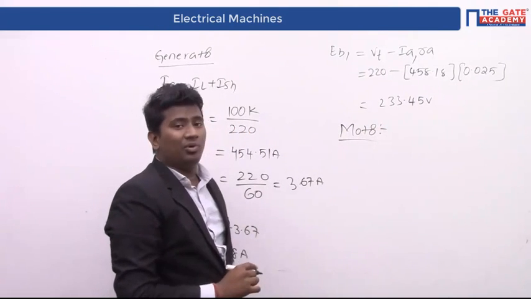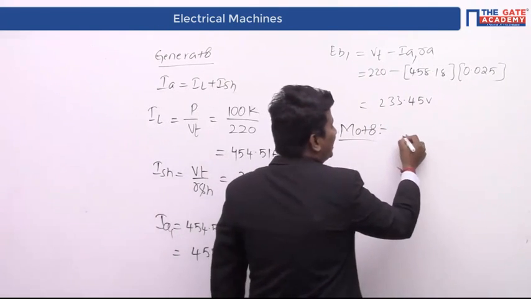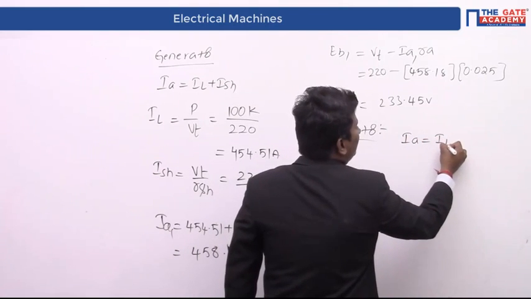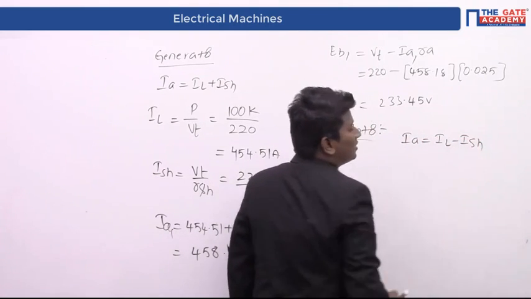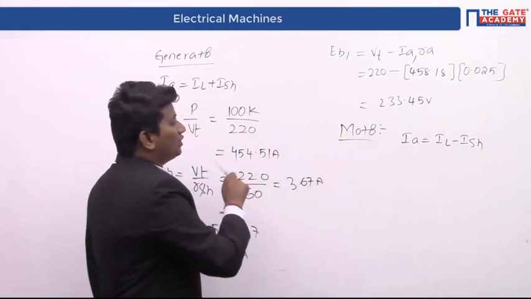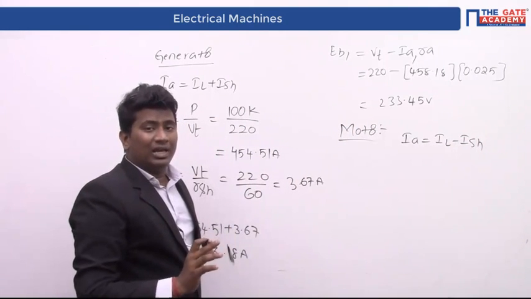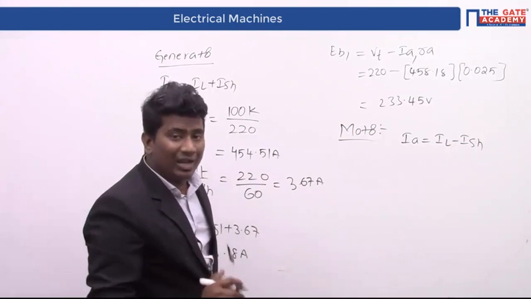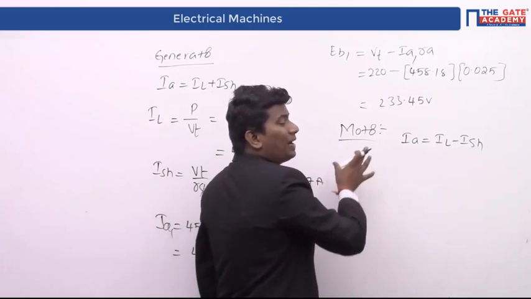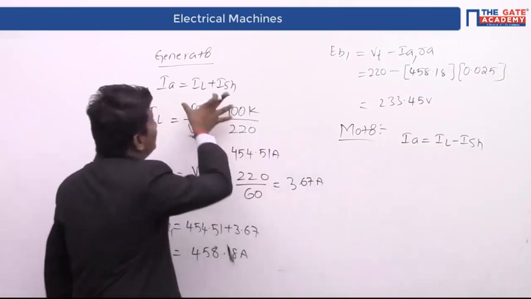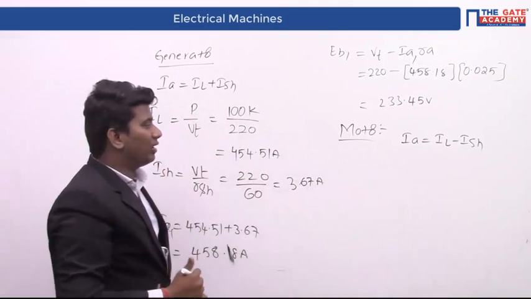Now, due to the belt breaking, due to the malfunction, it is acting as a motor. So what is your armature current? IA is equal to IL minus ISH. Remember one thing: in both cases, the load current does not remain the same. Because it is drawing a power of 10 kilowatt, whereas the generator was delivering 100 kilowatt.